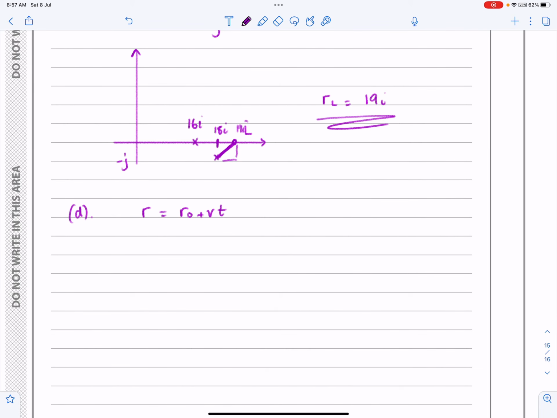We know it's R equals 10t minus 2 i and 9 minus 5t j. We've got that still. And all we want is, if it's at the point where it's south of the lighthouse here, the one thing that you can say about it is that at any point north or south of the lighthouse, the i component is going to be equal to 19.